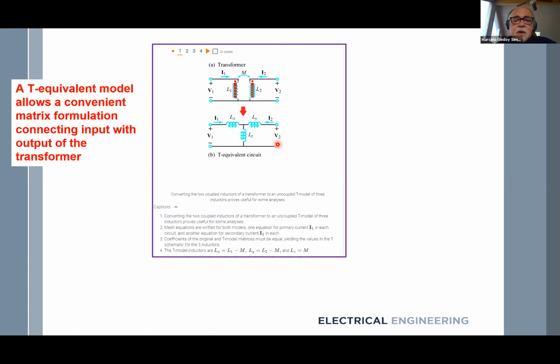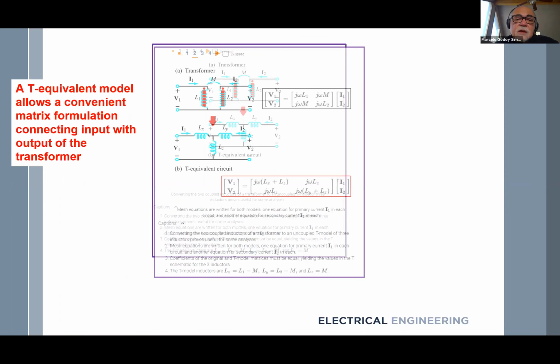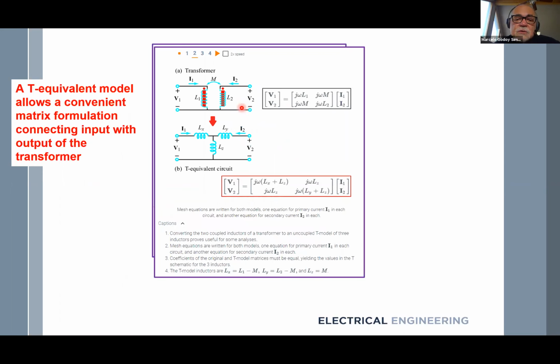How can I do it? Well, you can look in your book. This is discussed there, but I will show you quickly. I go to the next slide. I will write the equations for this, and then I write the equations for that circuit, and I see what the equivalence is on the matrix equations.